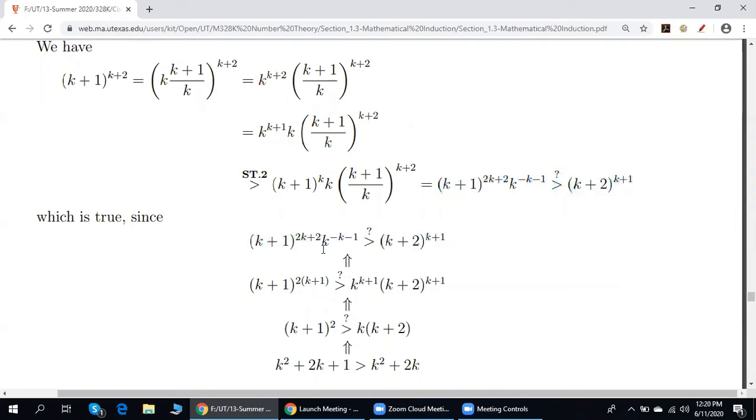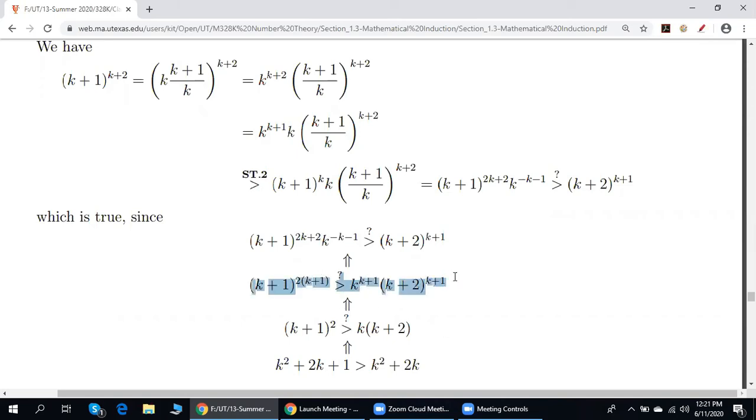Next, on the left-hand side, we have k to negative k minus 1. If we multiply both sides here by k to k plus 1, this disappears. And on the right-hand side, we get k to k plus 1. In addition, if we factor out 2 here, we get 2 times k plus 1.